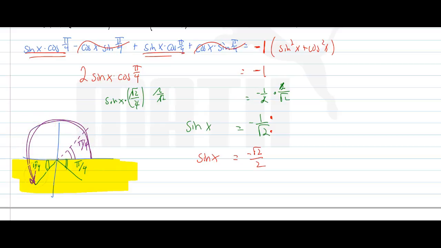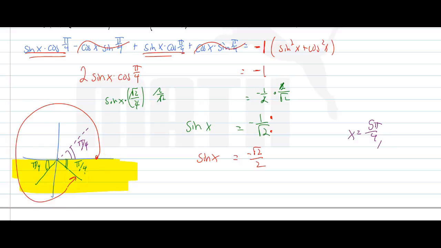This angle is pi plus pi over 4, which would give us that x equals 5 pi over 4. The other answer that we're looking at starts here, goes all the way around to that point. So I could say that it's pi over 4 short of getting an entire revolution, or 2 pi minus pi over 4 would give us the other answer at 7 pi over 4.